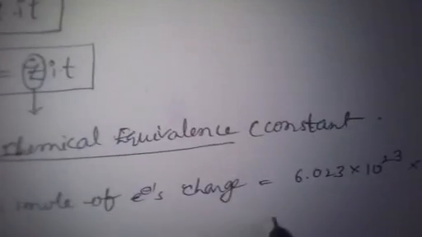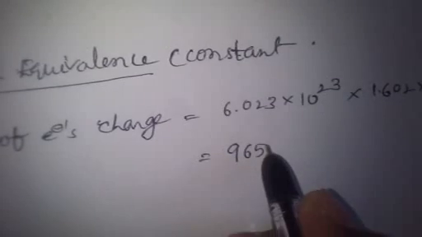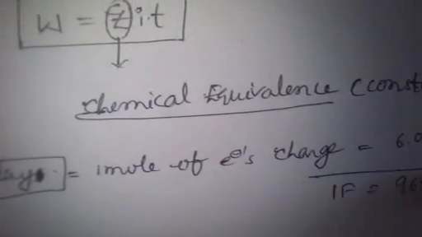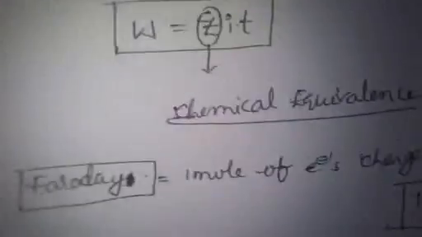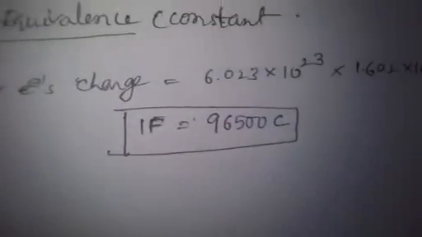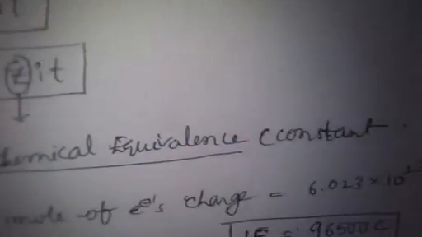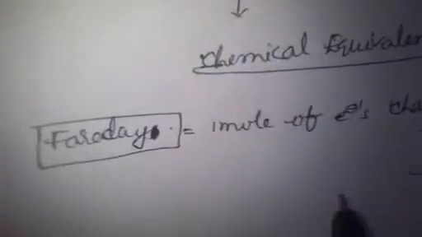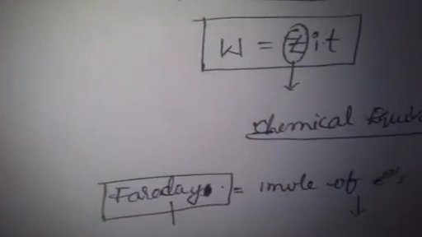If you multiply these two, you get the approximate value, 96,500 coulombs. So 1 Faraday is equal to 96,500 coulombs, which is the charge of 1 mole of electrons.